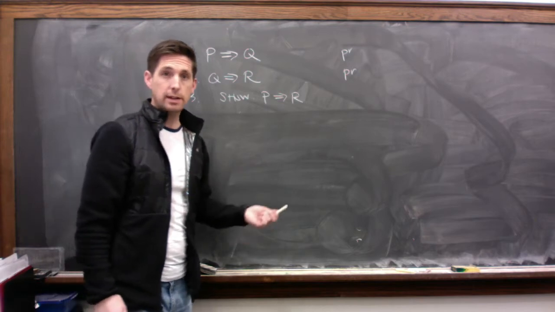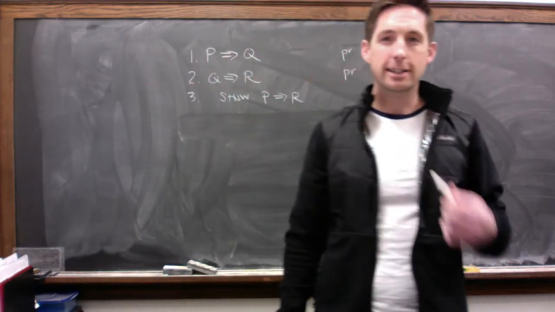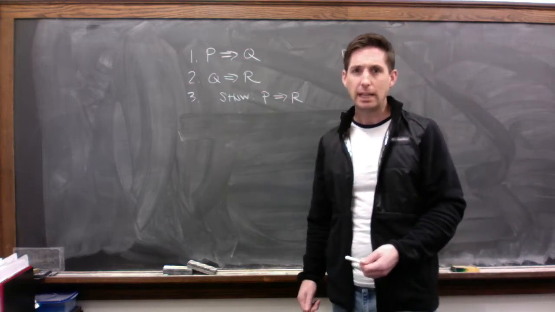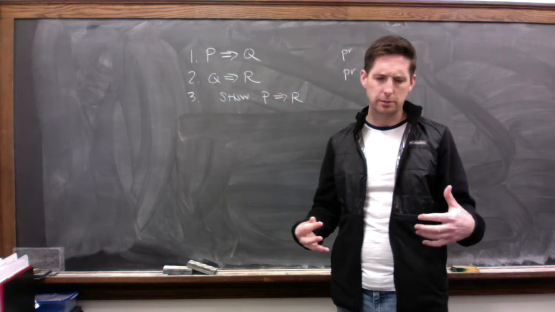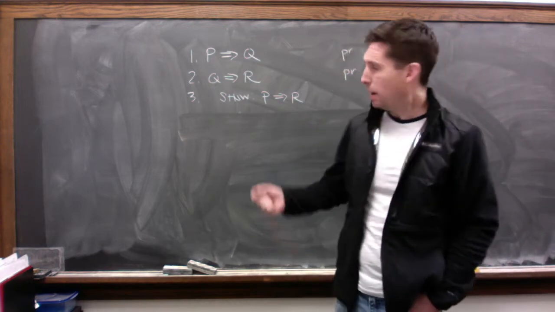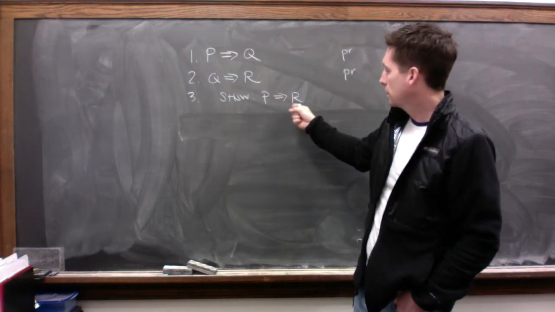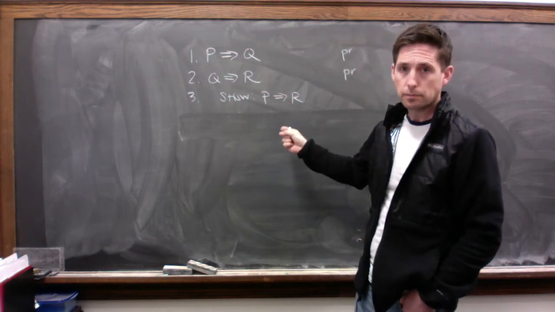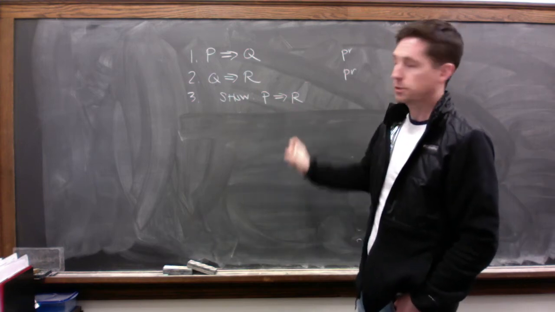And so that's why we have to have a new derivation technique which we're going to call conditional derivation. And let me just sort of illustrate the basic idea, or just sort of try to talk through the basic idea before we lay it out formally. So think about what we're trying to show when we're trying to show if P then R. We're trying to show that if P is true, then R is true.